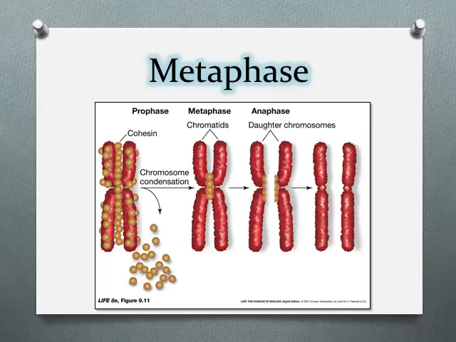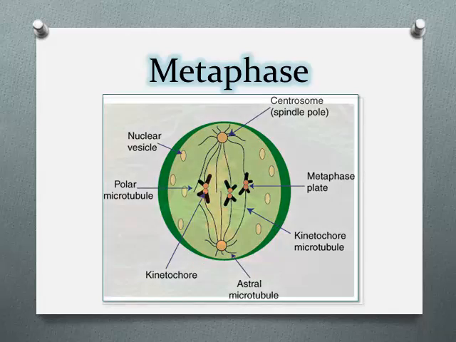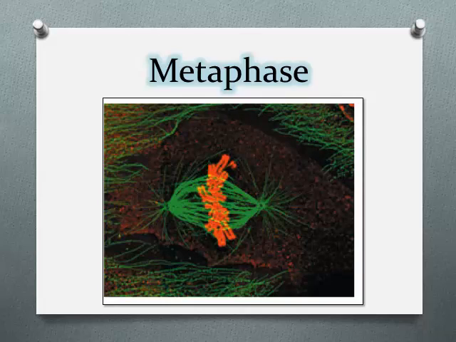Centromeres are equidistant from each pole, and we can see that here. The centromere splits in two, freeing the sister chromatids from one another, and all the centromeres divide in synchrony. And here's a live shot of metaphase for you.